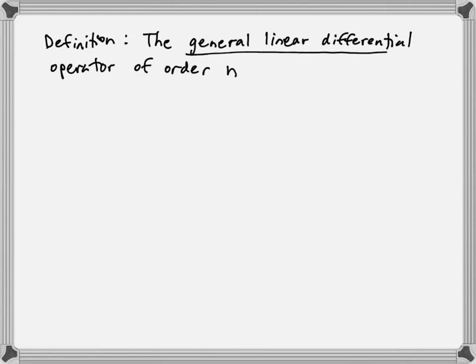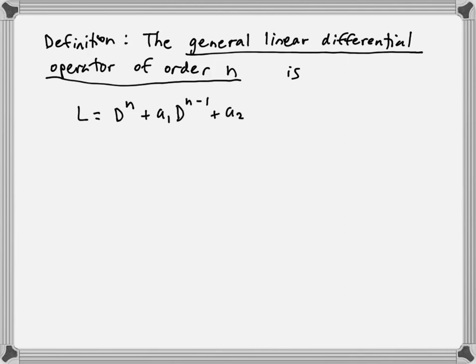What is that going to be? This is when you take a linear combination of all of the D to the i's, right?